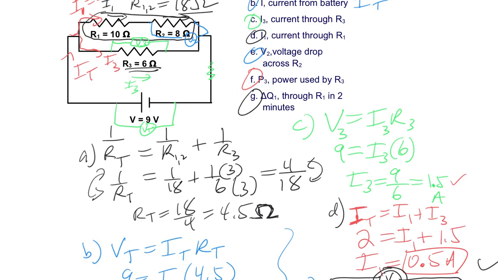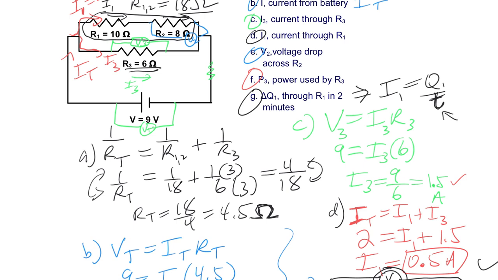They're going to end this series of questions with letter G. What is the current running through R1 in a time of 2 minutes? So in 2 minutes, how much current has run through R1? Okay, so if you remember, I equals Q over T. So I1 equals Q1 over the time.